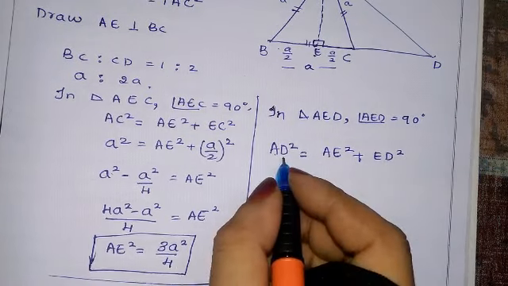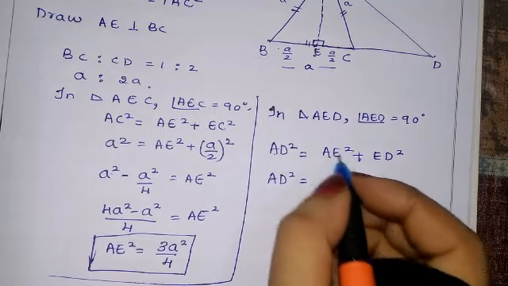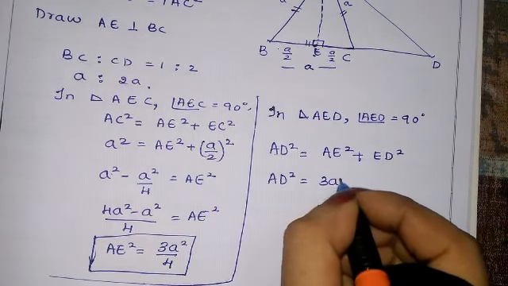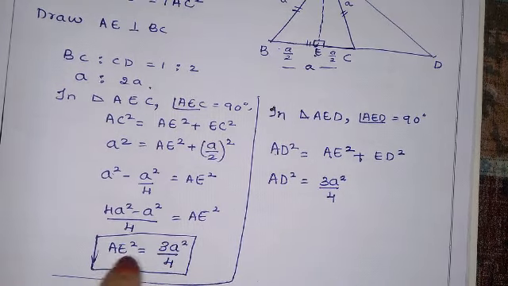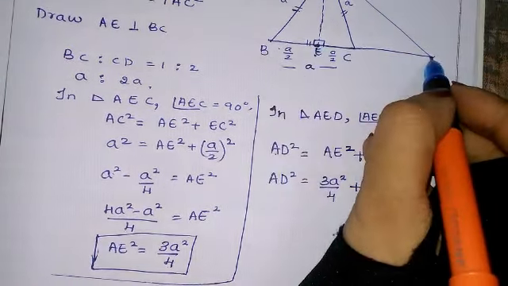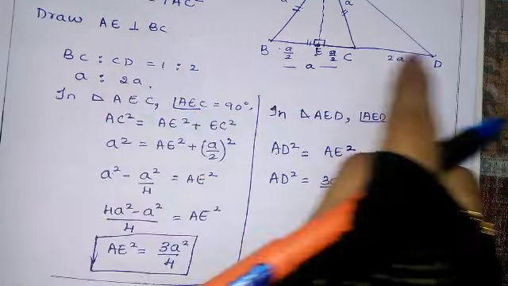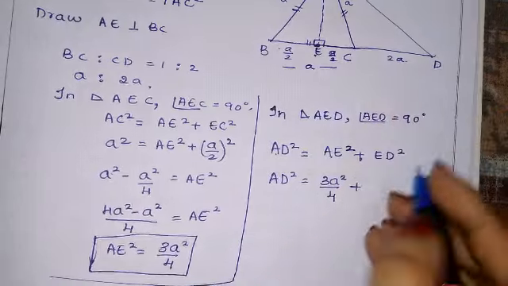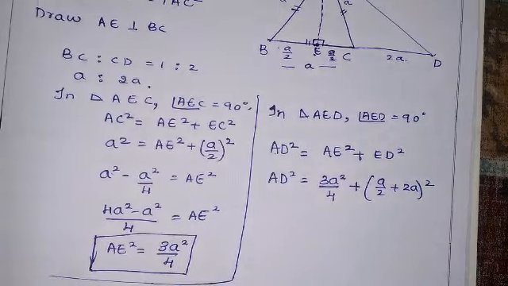AE square we have just found, its value is 3A square by 4. ED is E to C, which is A by 2, plus CD, which is 2A. So ED is A by 2 plus 2A, whole square.